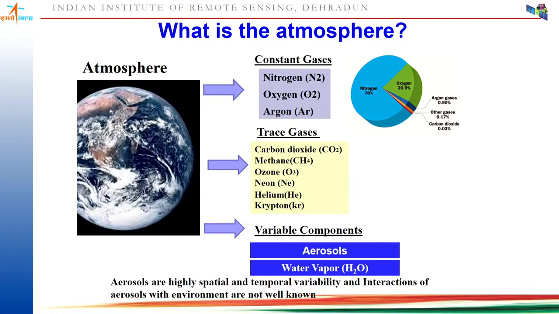Also, there are variable components, where aerosols and water vapor come into the picture, and they are so variable that they change from place to place, from region to region, and that's why the monitoring and observation of the variable components as well as trace gases is important to understand the pollution or the air quality.